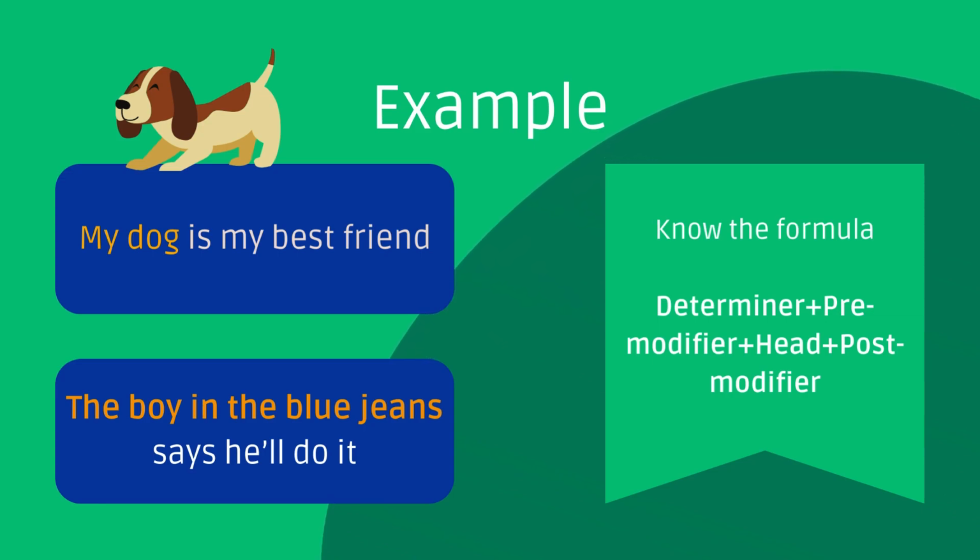The pre-modifier can be an adjective or adjective phrase before the noun. The head means the noun or pronoun. The pronoun does not have modifiers in the noun phrase. And the post-modifier is a prepositional phrase that gives more information about the head.